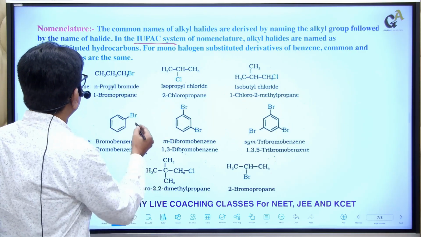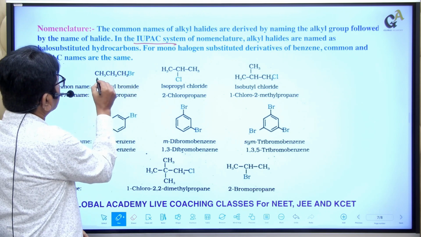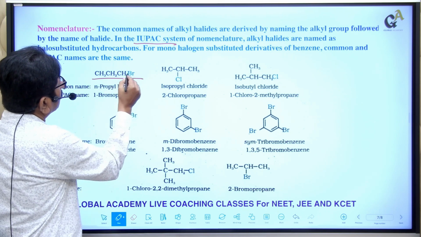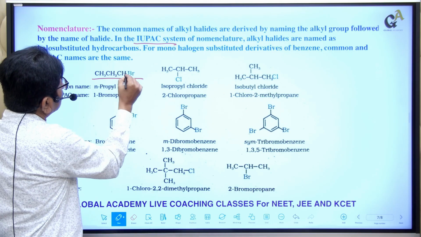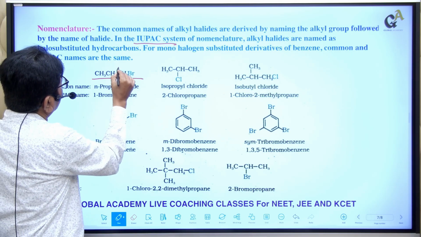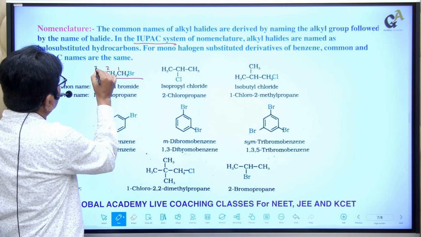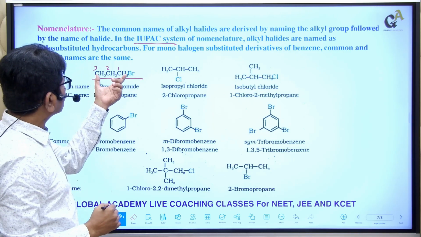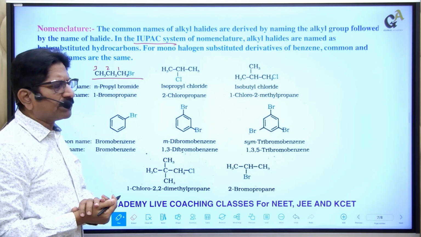Now, if you just see this compound, this is the bromide here. The numbering is 1, 2, 3, so there are 3 carbon atoms.